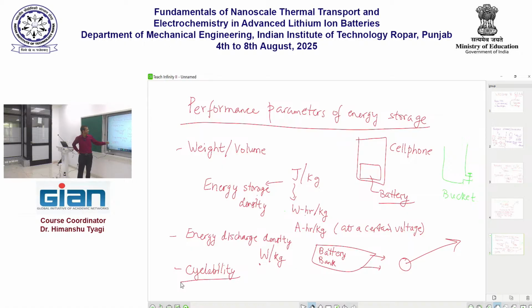Some batteries have very good energy storage density, are able to release a lot of energy when I want, but they are not good at being cyclable. They are a one-time use battery, for example. In fact, there are two types of batteries.